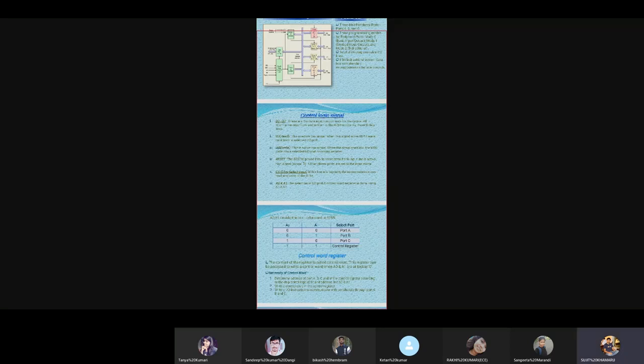And next is A0 and A1. Selecting the input output port and the control register is done using A0 and A1.